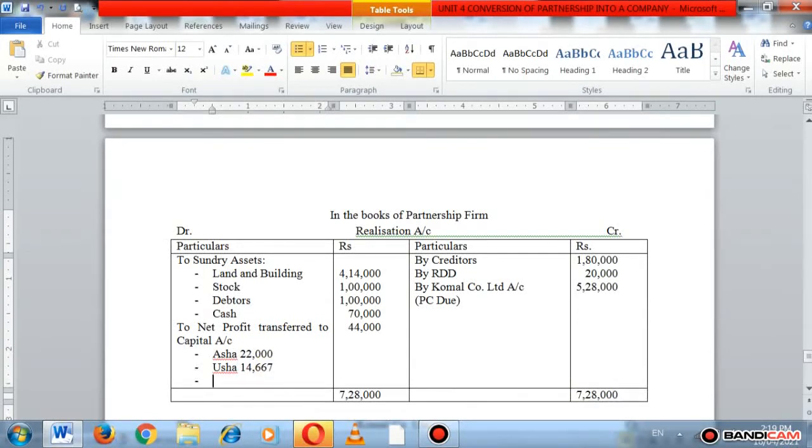So here we consider a round figure. 14,666.66, above 0.50 we consider 1 rupee. So here we convert 66.66 into 67. Then Lata amounted to rupees 7,333. So the entry will be realization account debit to partners capital account.